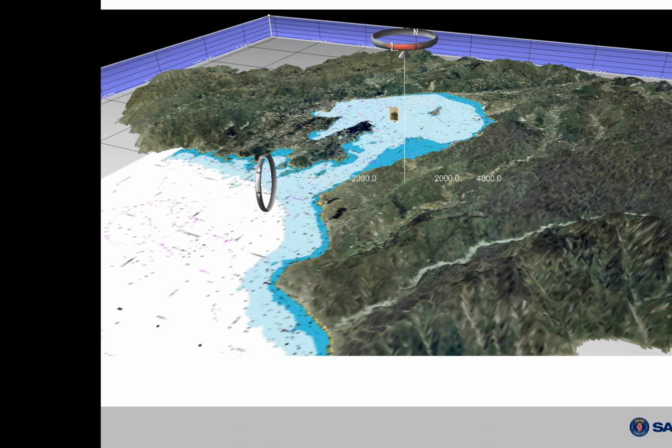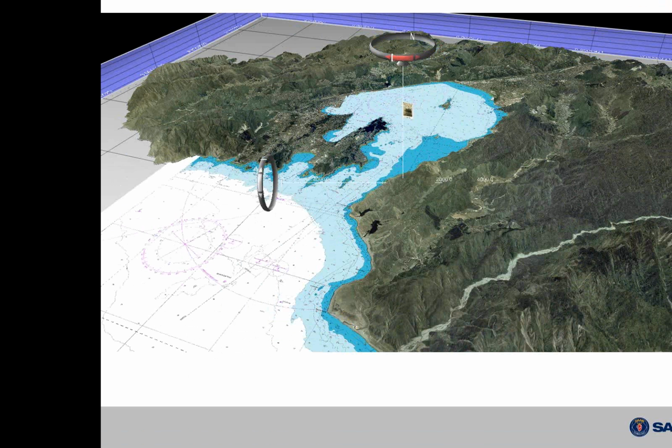Always in Fledermaus, when you stop moving, when you stop interacting, it will always go to the highest resolution. So what I've done, I've taken a screen capture of it in interaction in 7.3. Now I'm going to switch to the same scene in 7.4. In this situation, we can see a number of improvements.